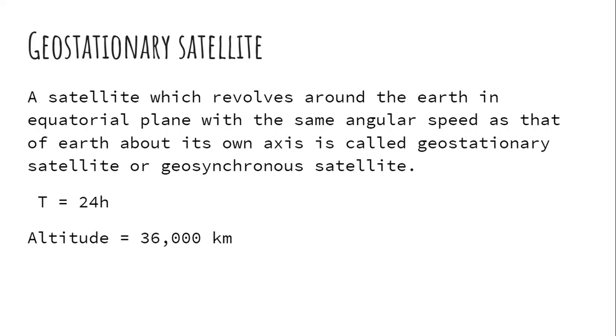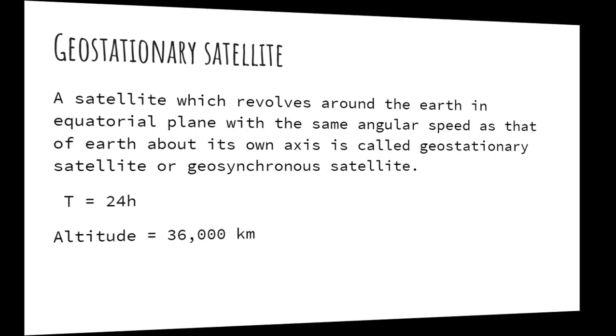The time period of this is 24 hours and its altitude is 36,000 kilometers above the Earth's surface. So basically this satellite moves just like the Earth with the same speed as the Earth. So it looks like it's basically attached to the Earth with a rod and it's just moving along. But it's not, don't worry.